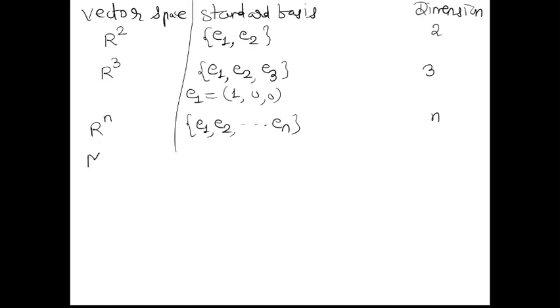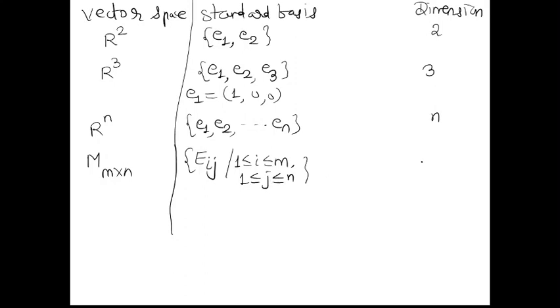Similarly, if we have a matrix space of order m by n, then its basis will be a set of the form Eij, where i is between 1 and m, and j is between 1 and n.